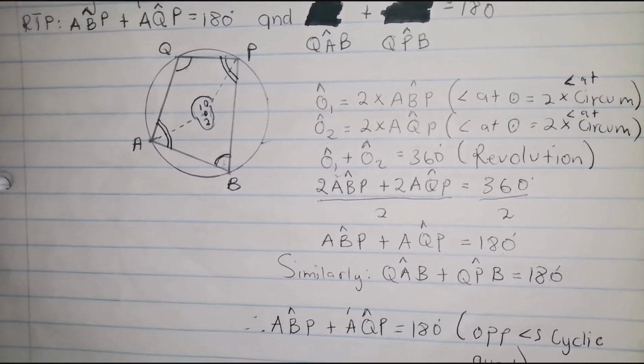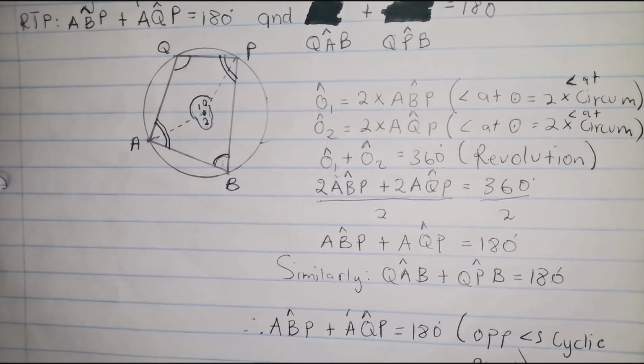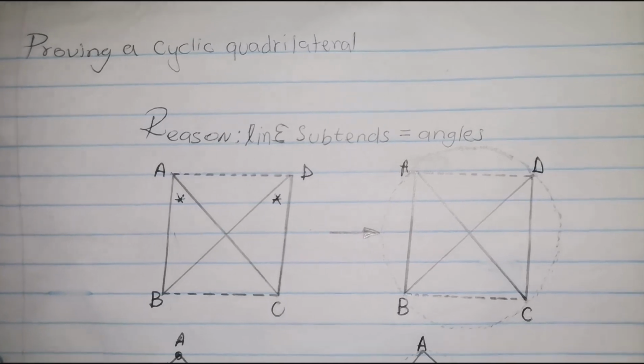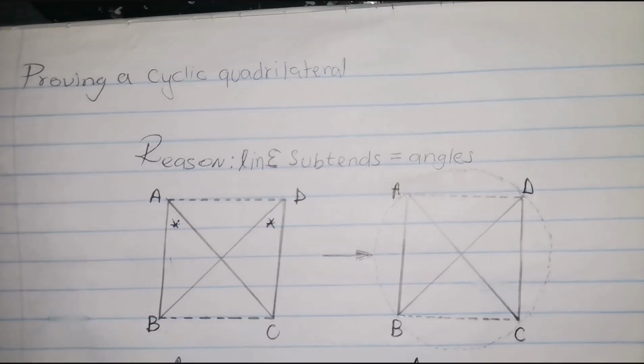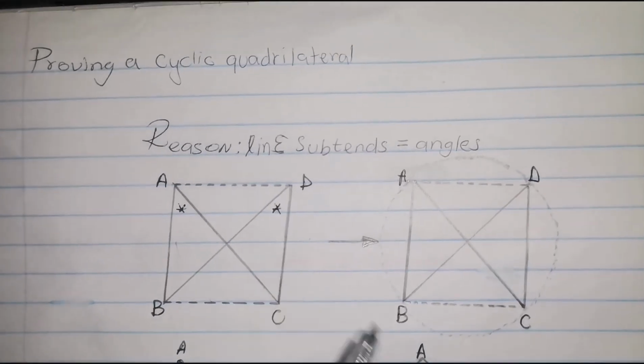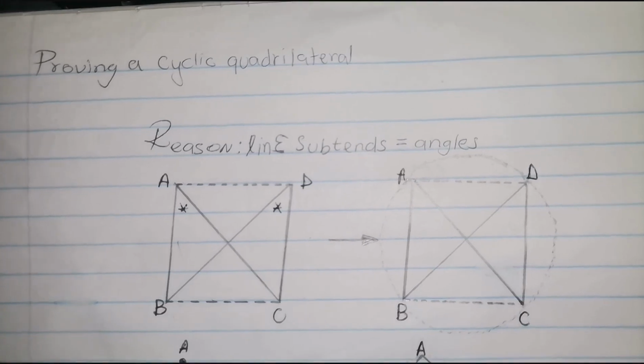So, guys, let us go to the second reason you can use to prove a particular quadrilateral is a cyclic quadrilateral. We have proven theorem number 4, the converse of it.